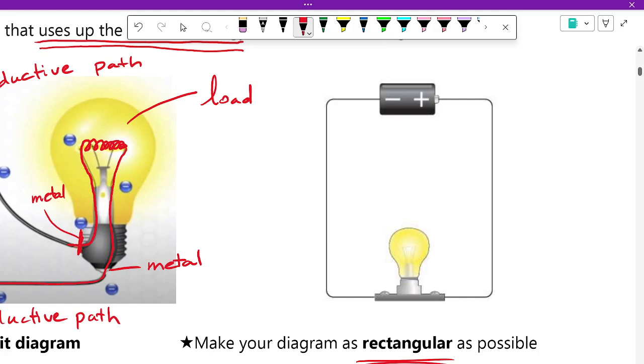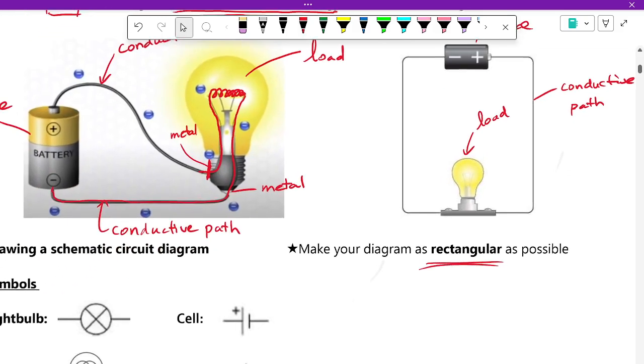We've got our source, we've got our conductive path, and we've got our load. However, this still seems like too much work for me to draw. I am not a good artist, and I'm lazy. Let's make it easier to draw these things.